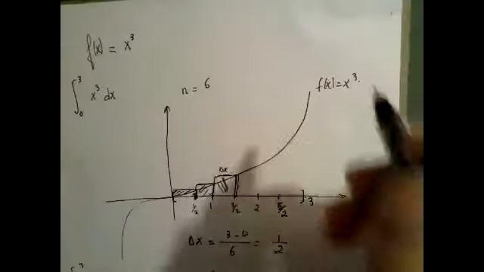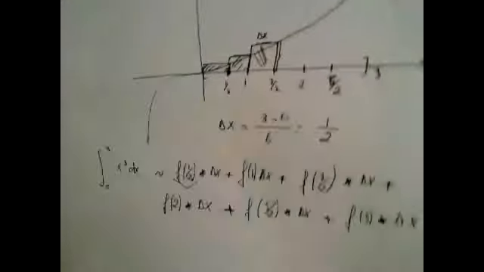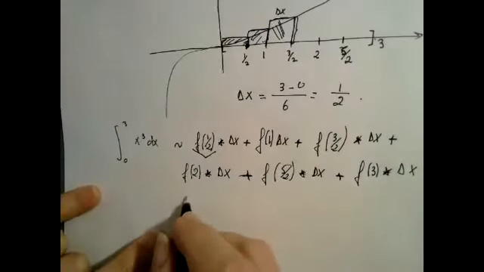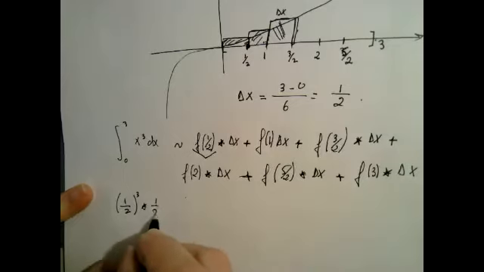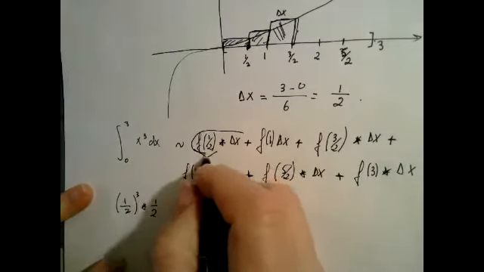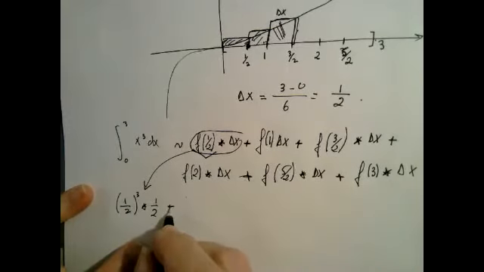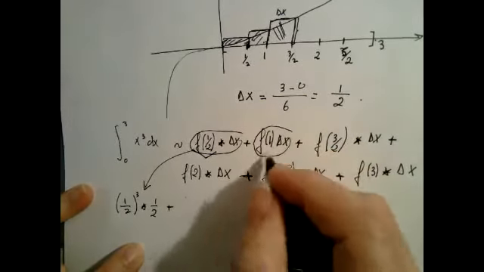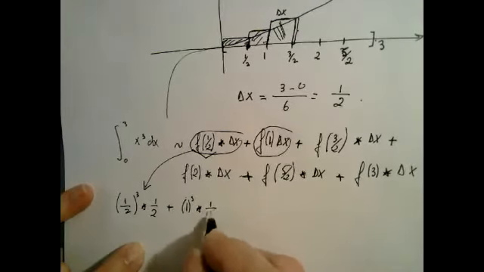My function is f of x equal x to the power 3. So f at 1/2 is a half to the power 3 times 1/2. So that's the first term. Plus second term: f at 1 is 1 to the power 3 times a half.